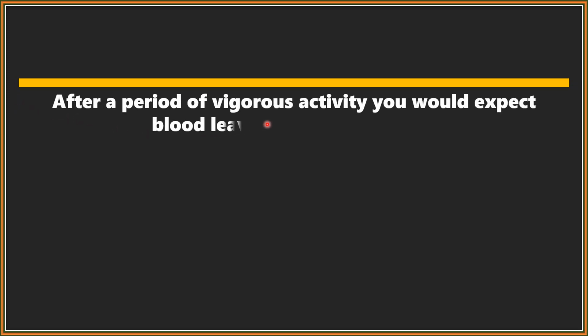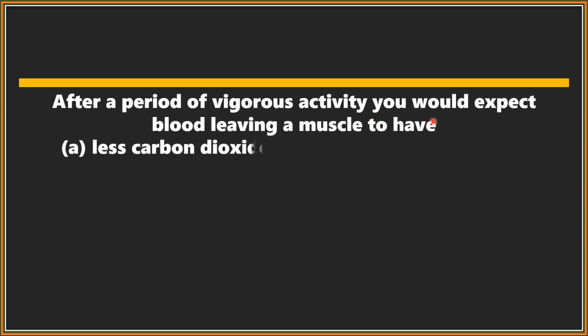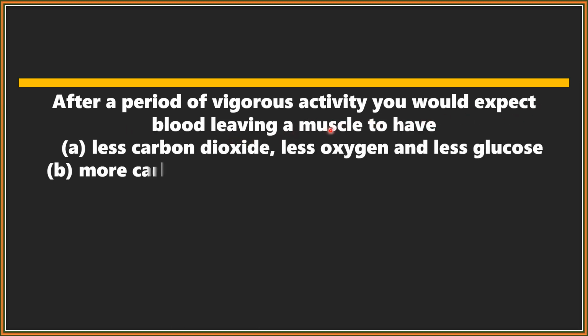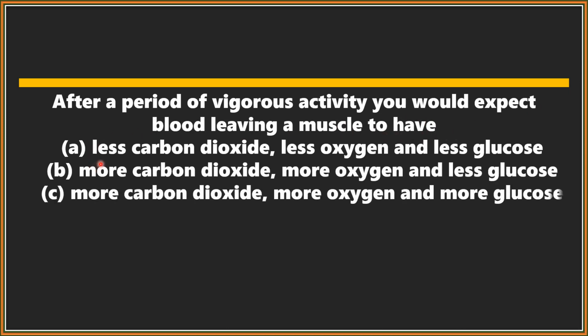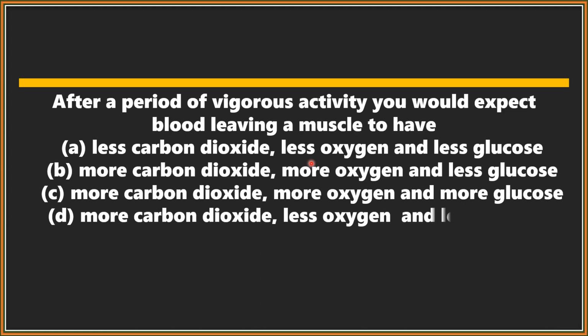After a period of vigorous activity, you would expect blood leaving a muscle to have A. Less carbon dioxide, less oxygen, and less glucose. B. More carbon dioxide, more oxygen, and less glucose. C. More carbon dioxide, more oxygen, and more glucose.